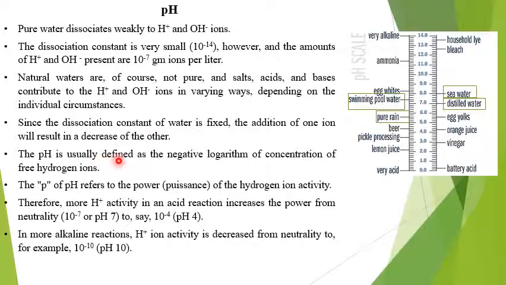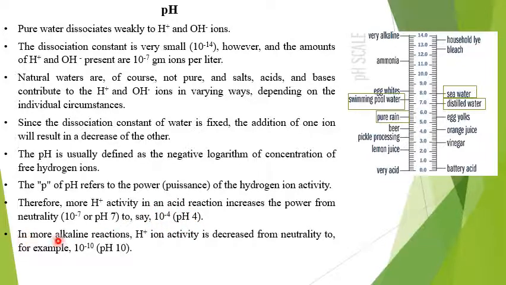The pH is usually defined as the negative logarithm of hydrogen ion concentration, as I already discussed, and the P in pH refers to the power of the hydrogen ion activity. As H plus activity increases, the reaction becomes acidic. Neutrality is 10 raised to power minus 7, or pH 7, and 10 raised to power minus 4 denotes pH 4.